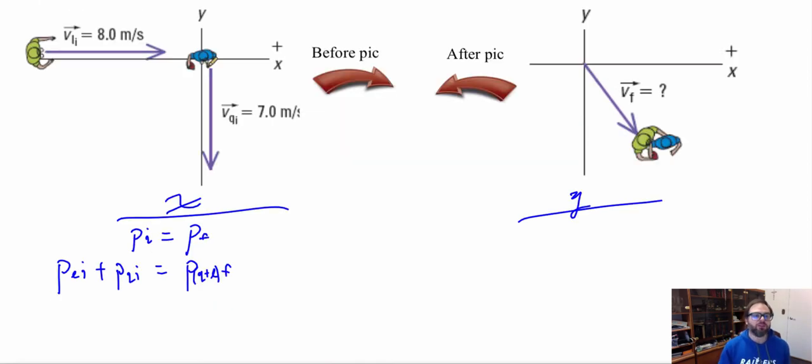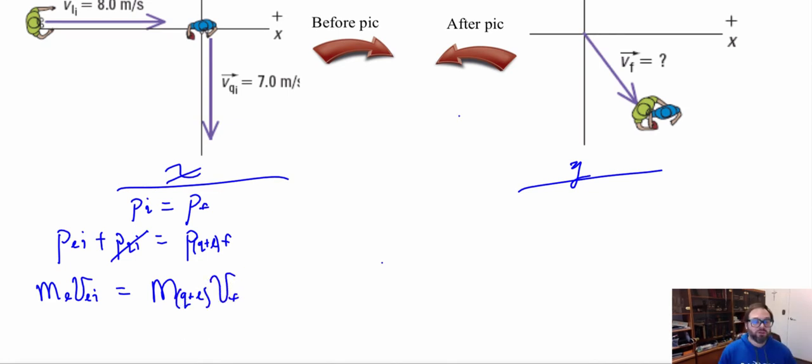Now, in the x direction, my quarterback actually doesn't have a momentum. He only has a y direction. So for my initial, I can cancel off my quarterback since it's going to be 0. Now let's plug in my formula for momentum, which is mass times velocity. I'm going to have the mass of my linebacker multiplied by the velocity of my linebacker initially equal to the mass of the quarterback plus the linebacker multiplied by their final velocity.